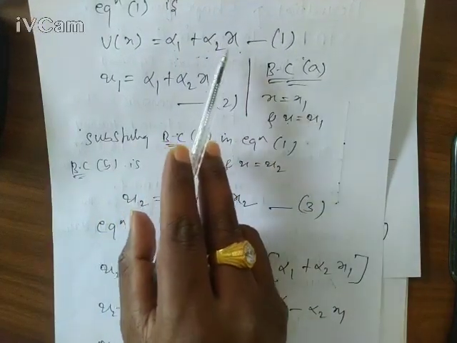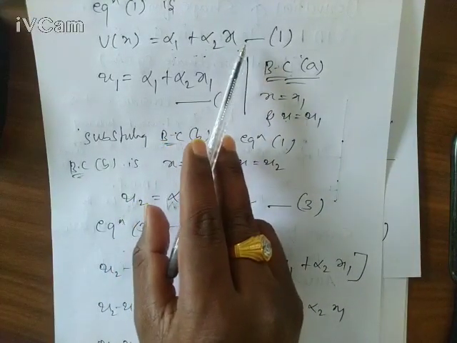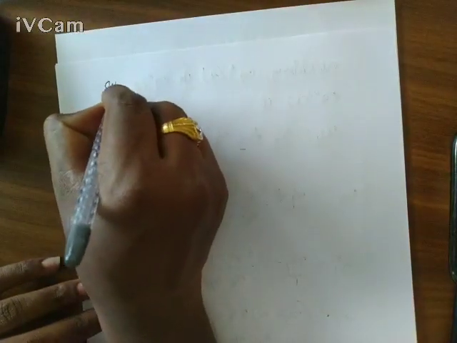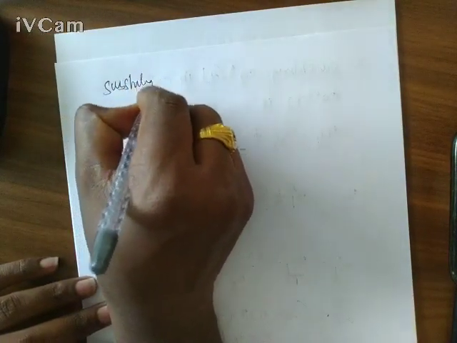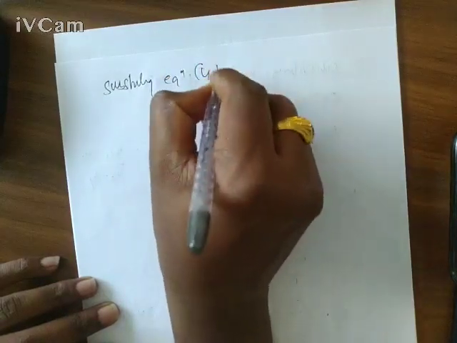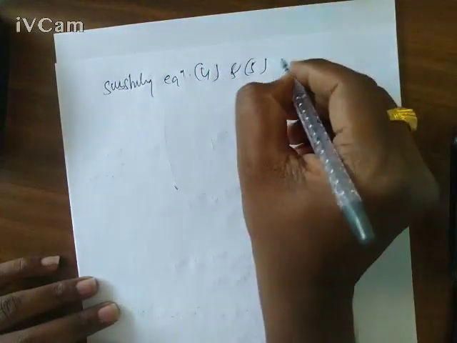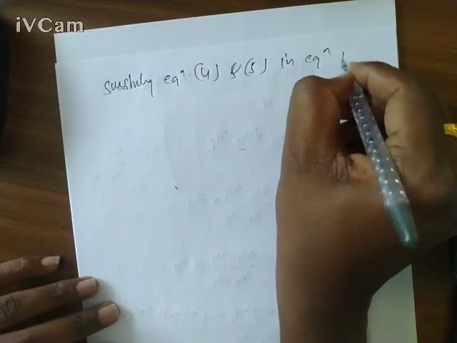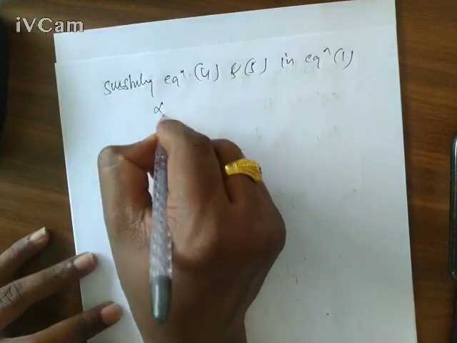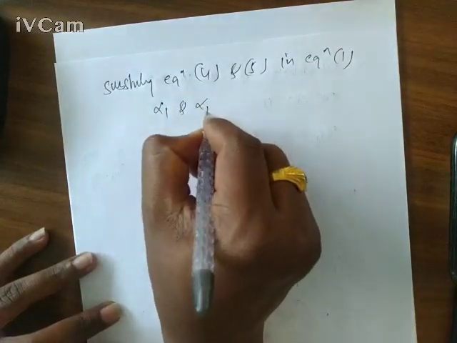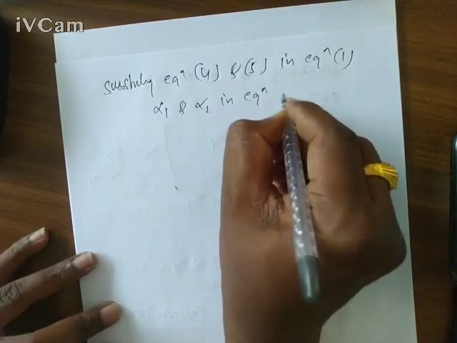So now I am substituting back these values in equation 1. Substituting equations 4 and 5 in equation 1 means I am substituting alpha 1 and alpha 2 in equation 1.